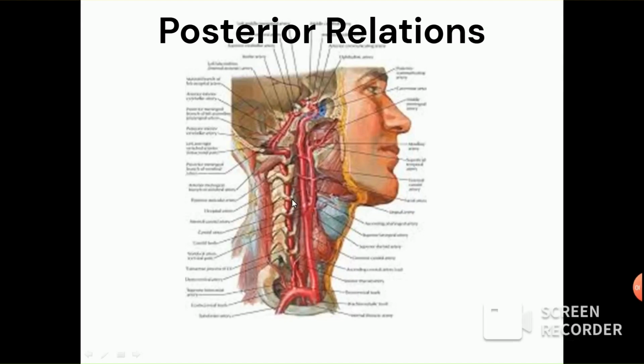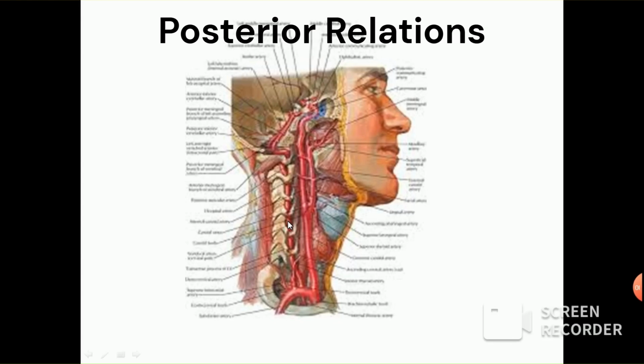Apart from that, we also have the inferior thyroid artery, which is also a posterior relation. You can also see this artery over here, traveling through the foramen transversarium of the vertebrae. This is the vertebral artery. So this is another posterior relation for the common carotid artery, the vertebral artery.